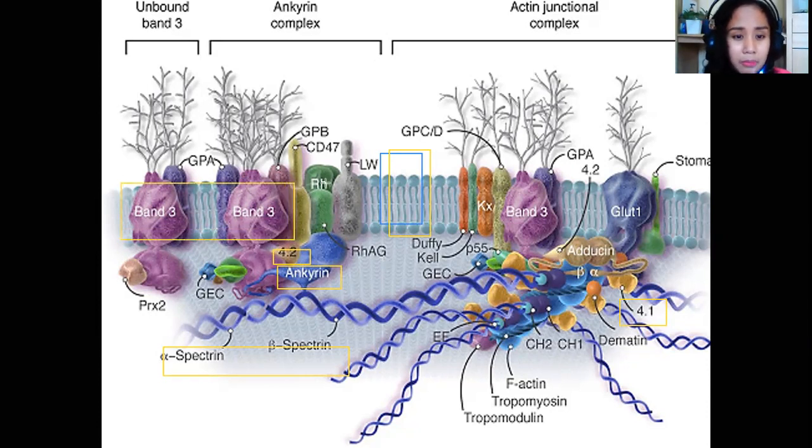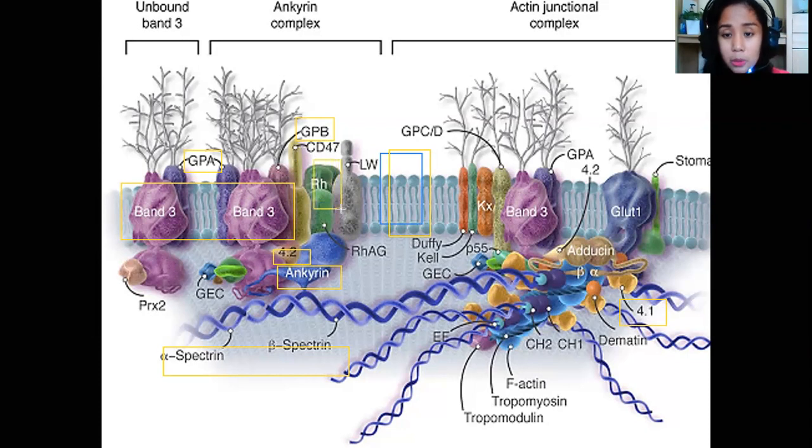So class, makita natin, meron tayong glycophorin A, glycophorin B. So carbohydrates and protein. This can make up your blood groups, yung mga antigens sa blood groups nyo. Nasa surface sila ng red blood cell. Kaya ang ginagamit natin sa blood typing is RH.